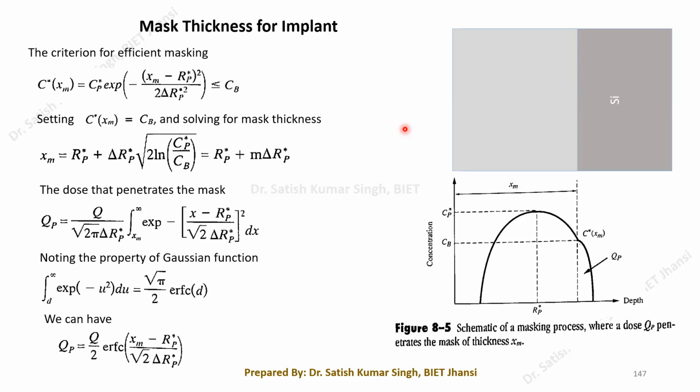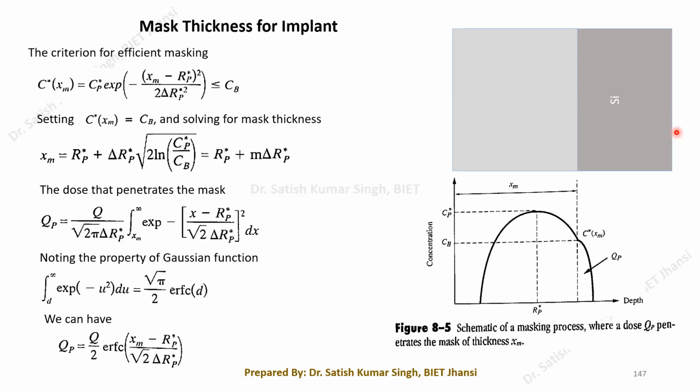So let us suppose we take an SiO2 layer, or any layer, which I'm just calling a mask. Here I have exaggerated the thickness just to match this thickness with this curve. So don't confuse it as having a very thick layer of mask with a substrate whose thickness is very small.